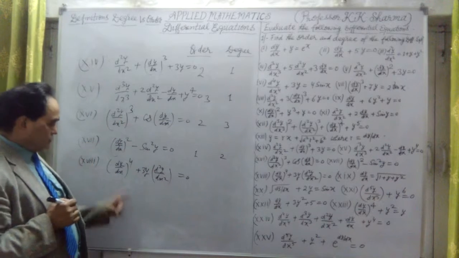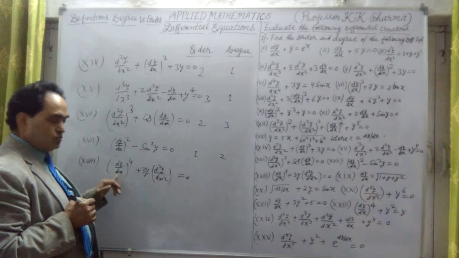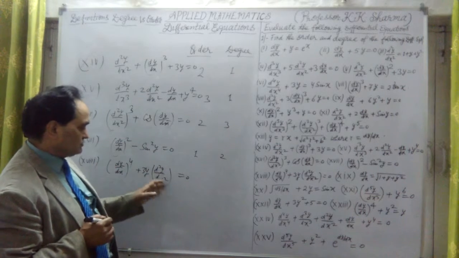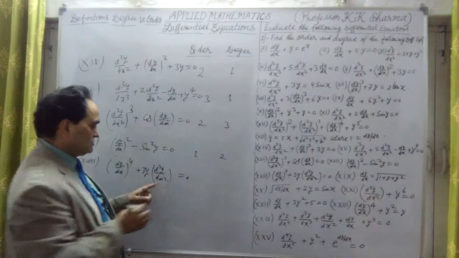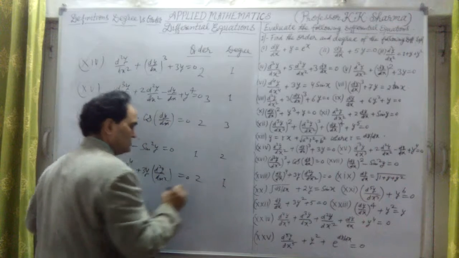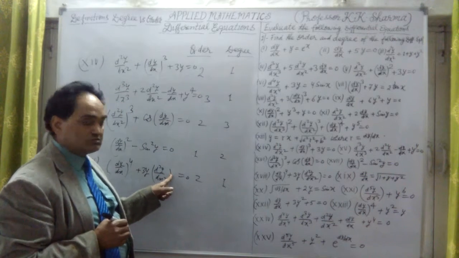Now the first term has first order only. This is a first order derivative, but this is a second order derivative. The highest order term is this only. So order is 2, degree is 1. We have to take the power of this term, which is the highest order term.